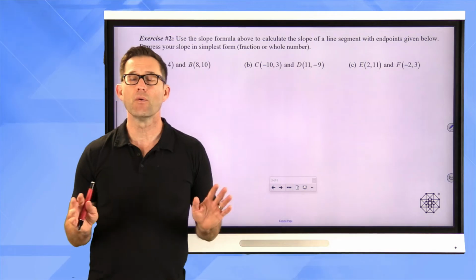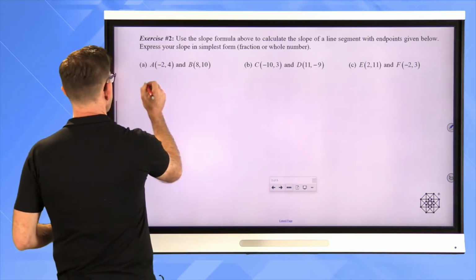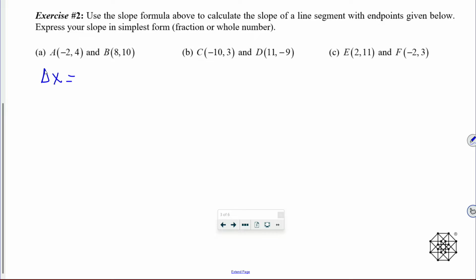All right, so for me, I will always do the following. I'm going to always list this as x1, y1, and x2, y2, and I like to do x2 minus x1. So I'm going to do 8 minus negative 2, which is 8 plus 2, and that's 10.